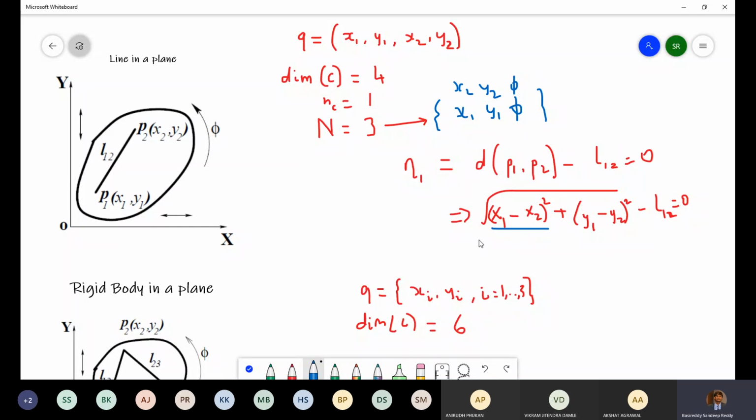It can translate in the x and y direction and can rotate in that plane. If you do it by x1, y1 and x2, ultimately you have to derive it from somewhere. You have to use this relation, and again get some expression for x2. So that is the whole point of a generalized coordinate. Generalized coordinate means that you should not have to derive it.